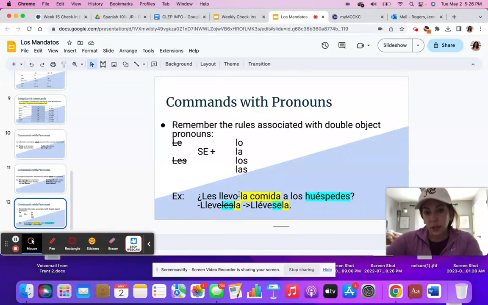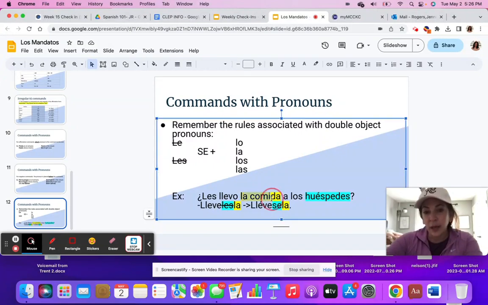So we're going to convert la comida to la, and huéspedes is going to be les. We're going to say, yes, bring it to them. Remember, the order of the pronouns is indirect, direct.